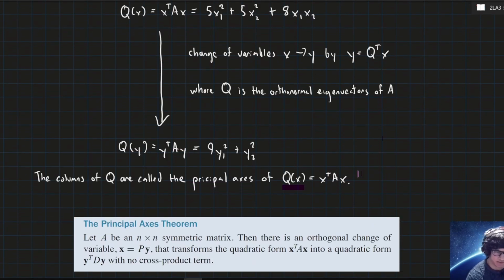The principal axes theorem just states that this is always possible. It's not just this example.